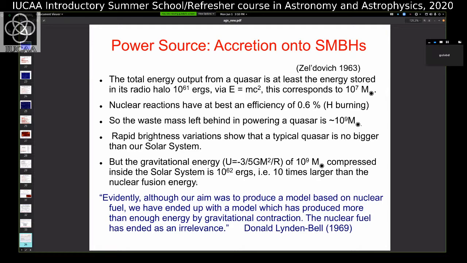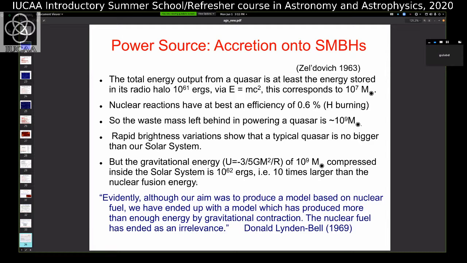The total energy output from a quasar is at least the energy stored in the radio lobes, which is 10 to the power 61 ergs. If you want to generate this by converting material into energy, you would need to burn 10 to the power 7 solar mass completely, with 100% efficiency. Of course we cannot have 100% efficiency.